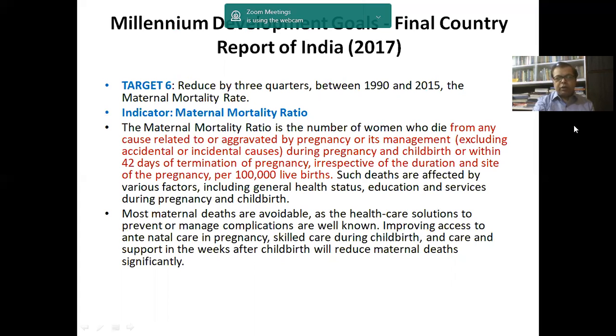The maternal mortality ratio is the number of women who die from any cause related to or aggravated by pregnancy or its management, excluding accidental or incidental cause during pregnancy and childbirth, or within 42 days of termination of pregnancy, irrespective of the duration and site of the pregnancy, per 100,000 live birth. We talked about it earlier also.